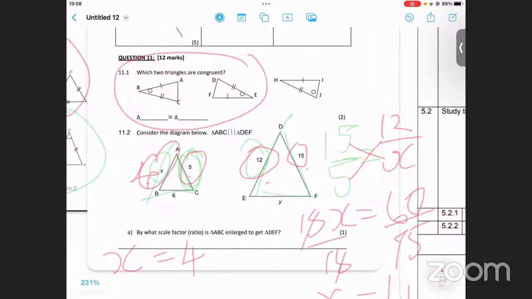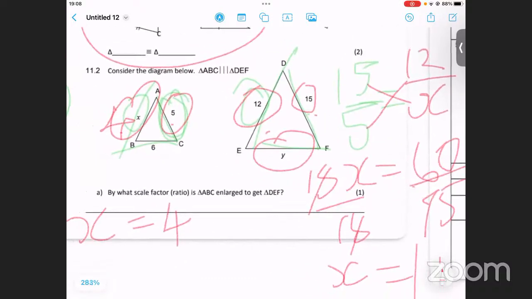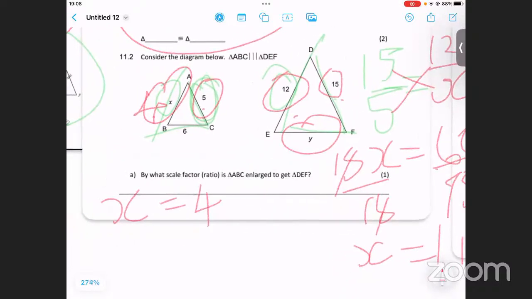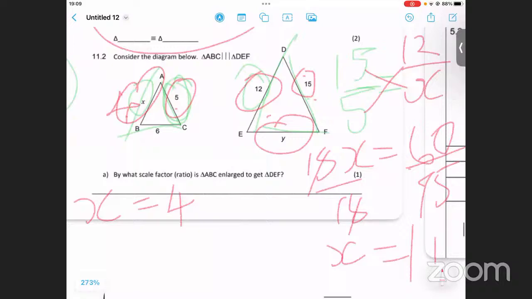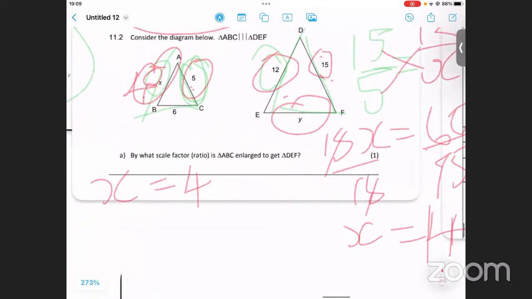And let's see if we want to get the value of y. We can pick another side that we know. Because we have the value of x, x is equal to 4, right?